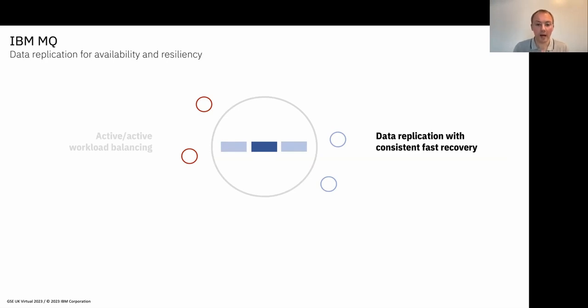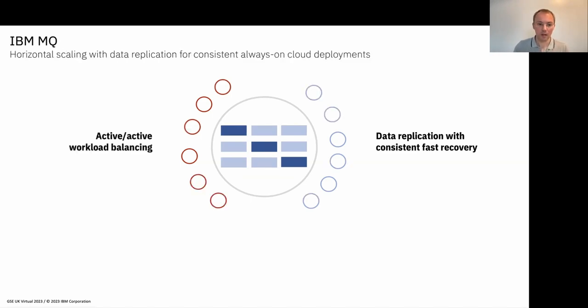But because we've only got one active queue manager at any one time, because the queue manager is only going to be active on one of those nodes, we don't have any workload balancing or active environments where applications can connect to multiple places. So to provide active and workload balancing capabilities, we need to add multiple queue managers. By adding multiple queue managers, this provides additional endpoints for applications to connect to, and then those applications can be balanced across those queue managers to provide maximum throughput.